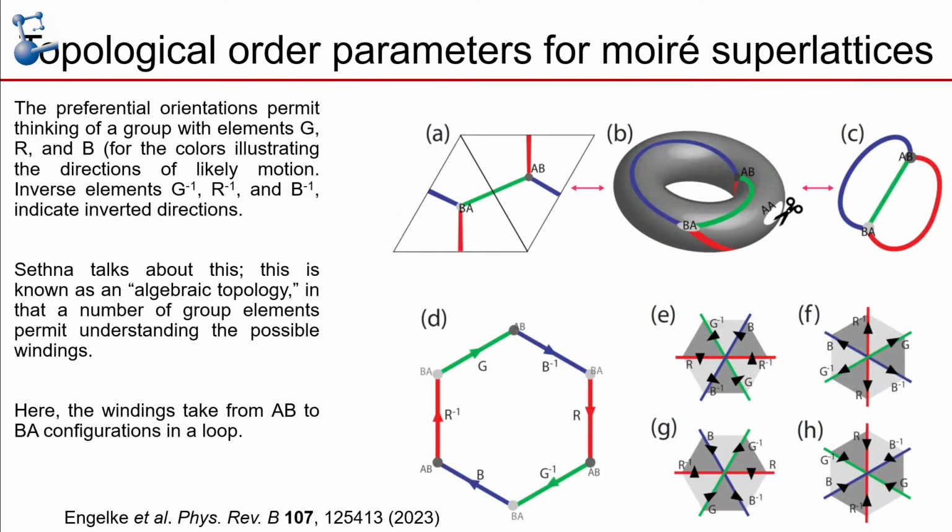So the distribution that we had of relative displacements is basically set to only 3 directions, colored green, blue, and red in that figure. The other thing that they do is they say that the AA configuration is not possible.